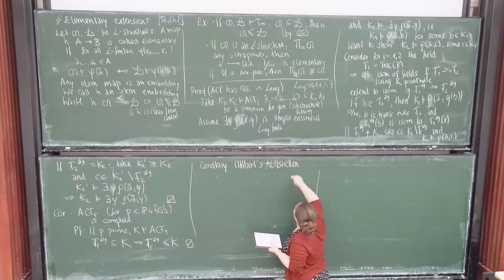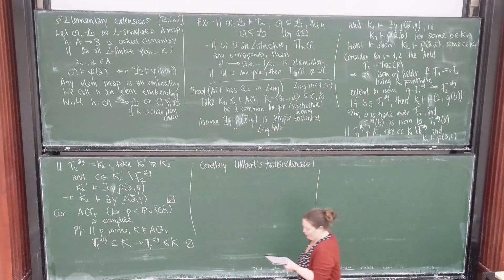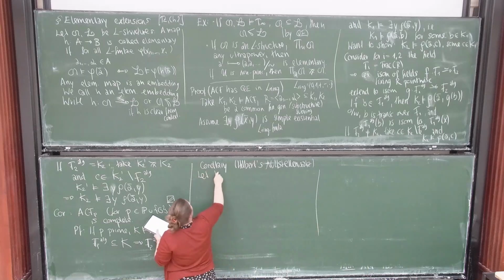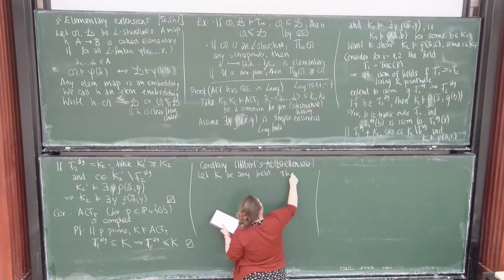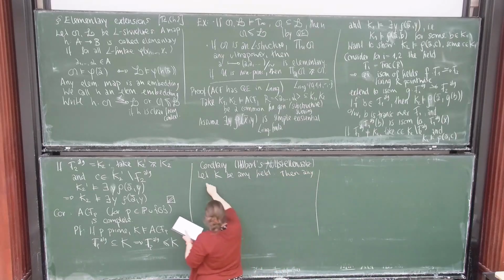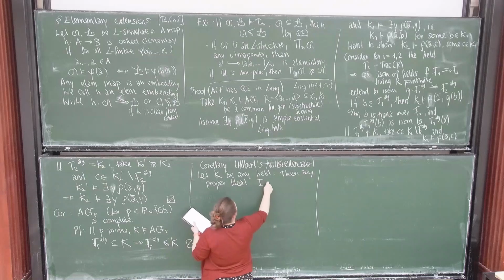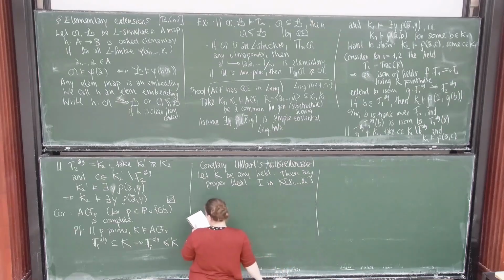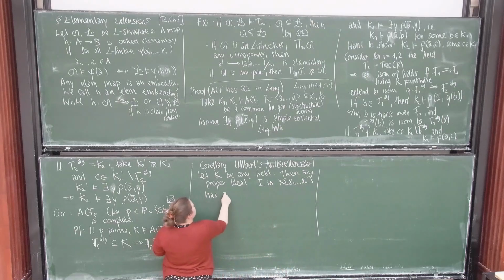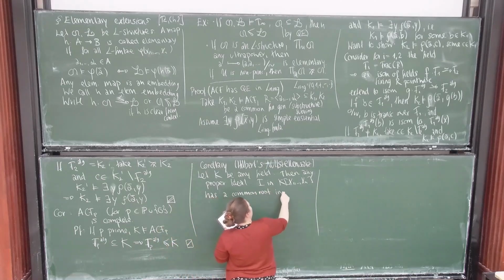We're over an algebraically closed field, so things will necessarily have somehow a geometric flavor. So I want to prove that for K any field, any proper ideal I in the polynomial ring in n many variables has a common root in all algebraic closures.